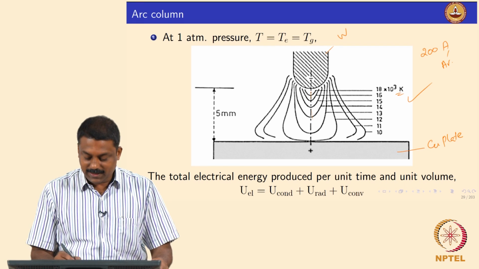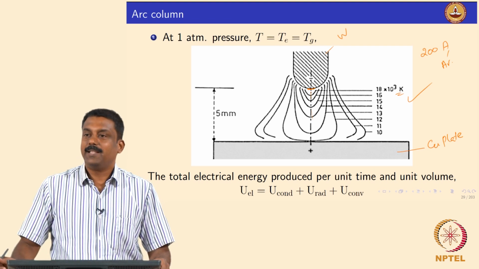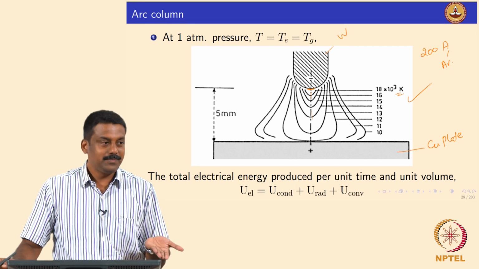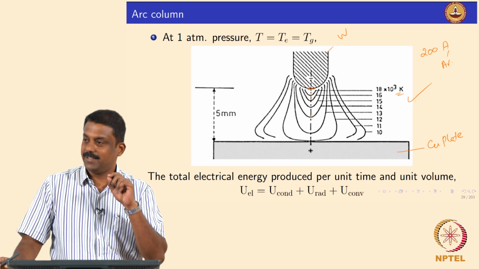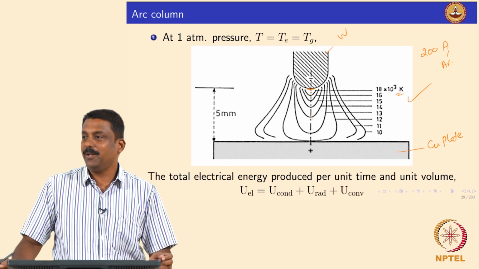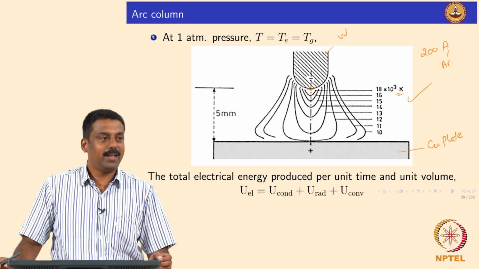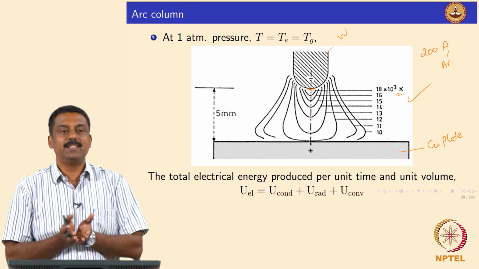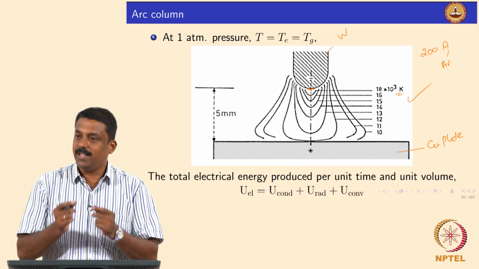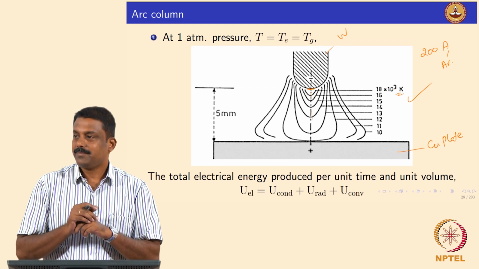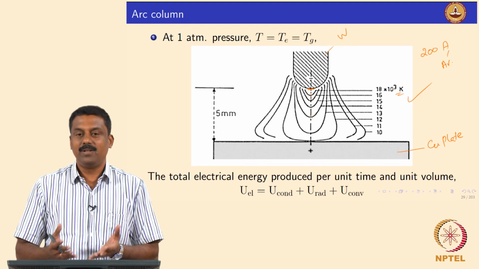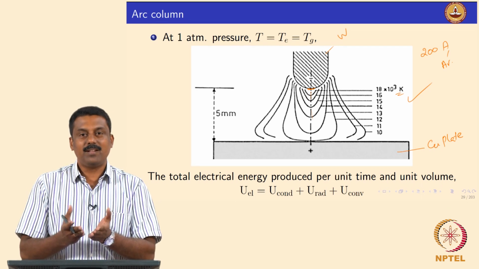When you say the arc column, in this case it starts from the cathode fall zone. The cathode fall zone is a very tiny area, 10 power minus 8, 10 power minus 7, and that is what you are exposing. This tungsten conducts heat very effectively, and the exposure is towards a very tiny area. Similarly, when you are doing non-consumable electrode welding, you make sure that electrons are moved away.